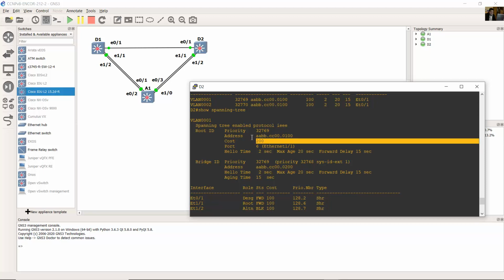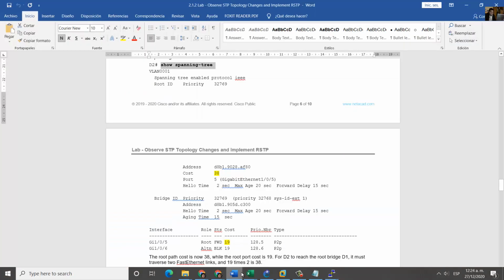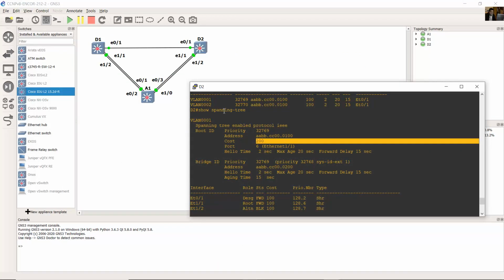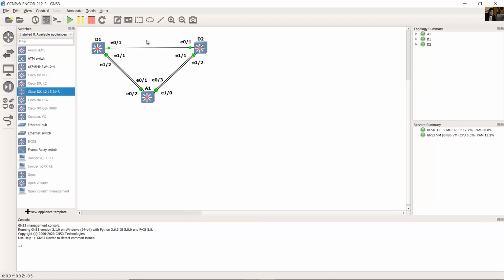This is the path cost. But this link is not available, it is shut down. So you have 100 here plus 100, here 100 and here 100.